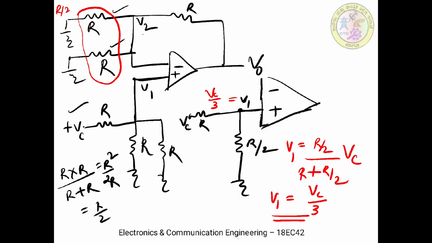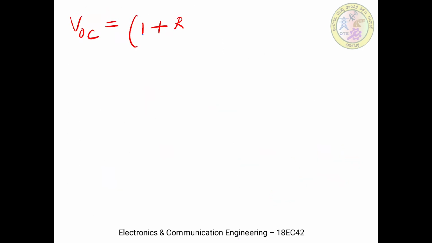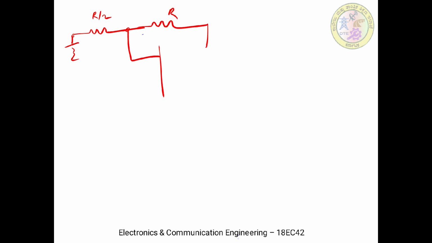Therefore it is better to write the equivalent circuit diagram first. At the input I have R by 2 connected to ground, and there is one more resistor R here, and this is the op amp minus, plus. And of course here we have the V2.